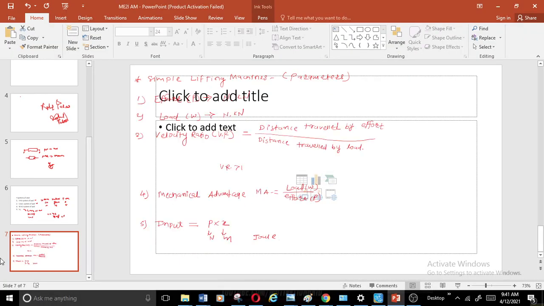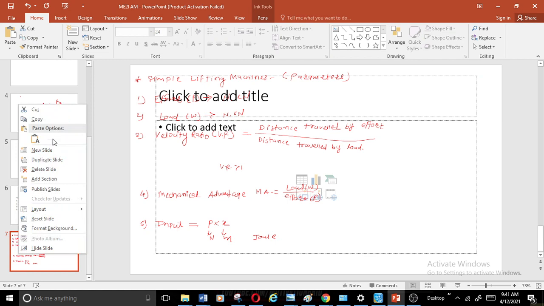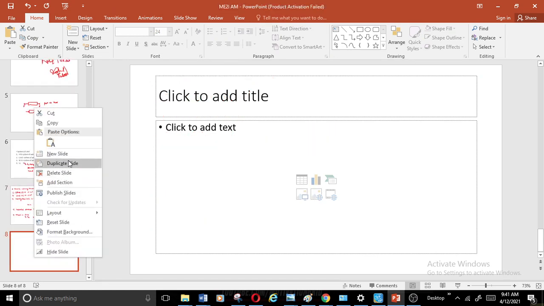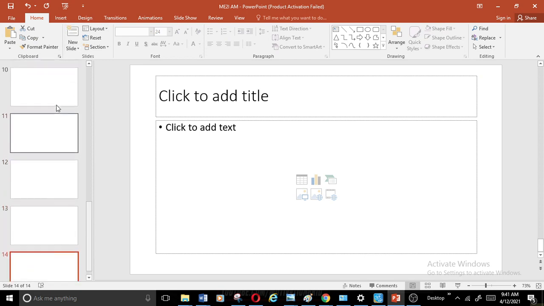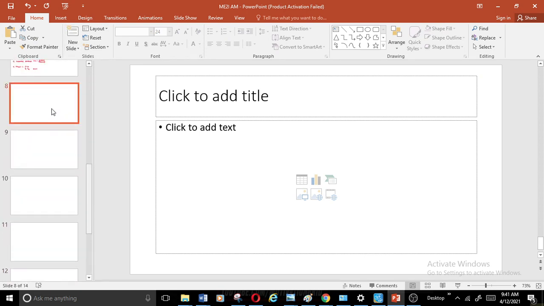Next, what we have seen, output, right? So next parameter we have seen, that is sixth parameter, that is our output.